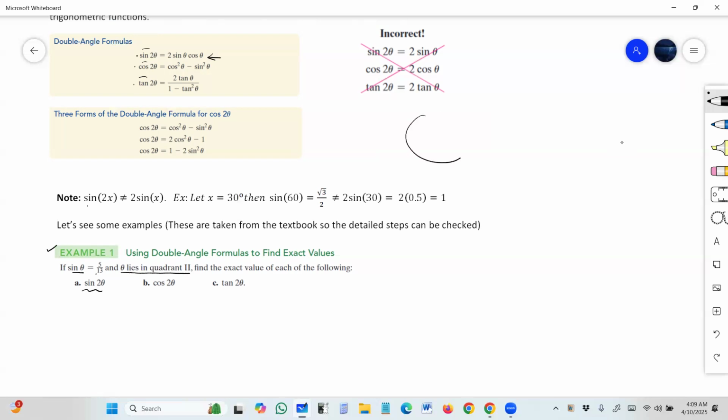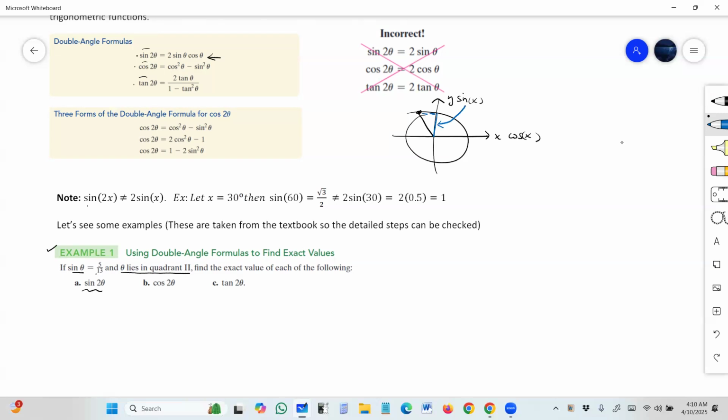Let's recap. This is y, which is our sine of x, and this is x, which is cosine of x. If the angle is in the second quadrant, that means the angle is here.